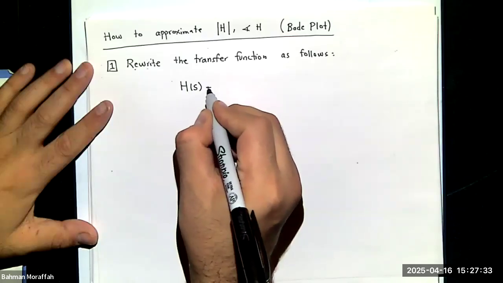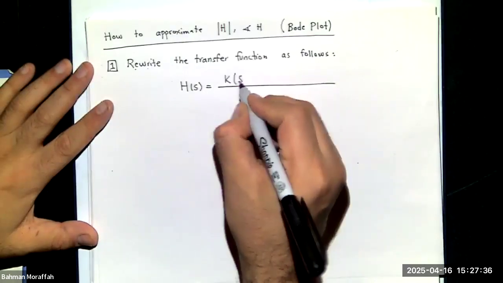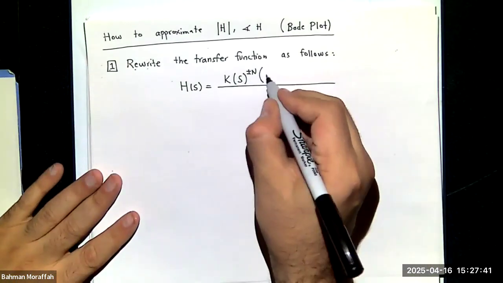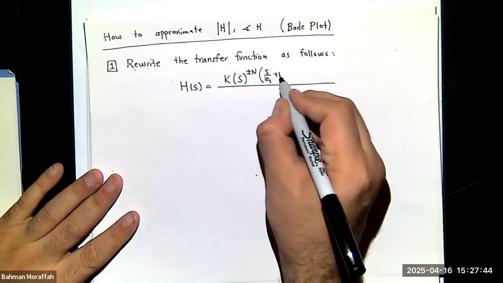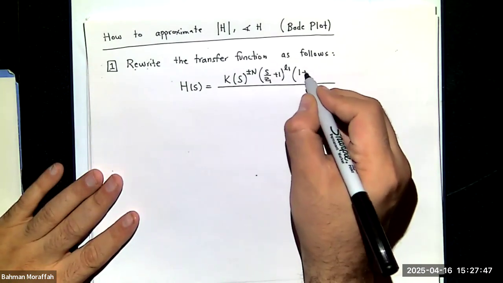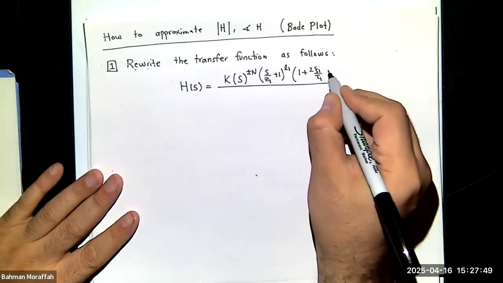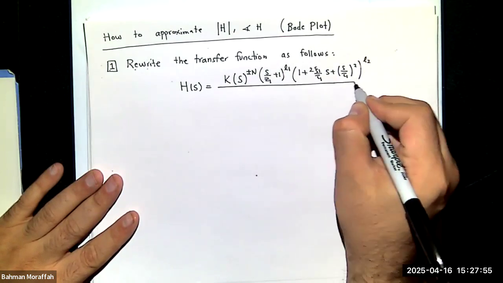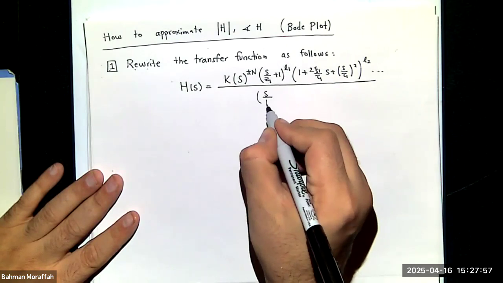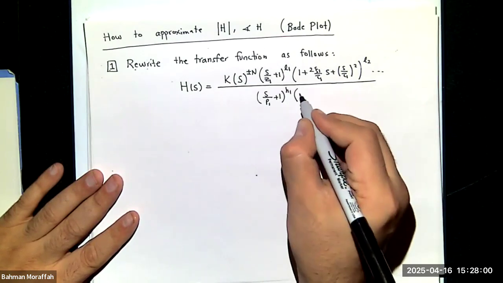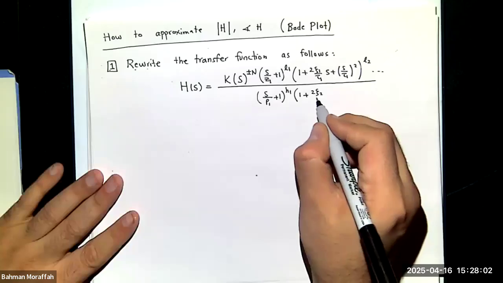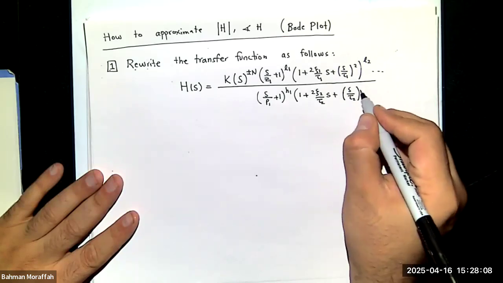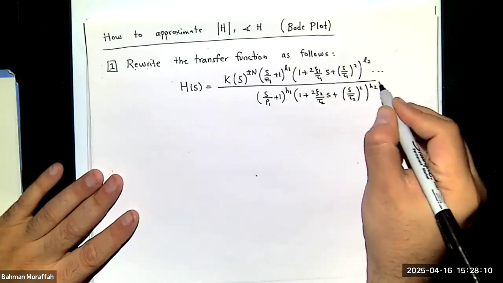Basically, H of s equals K s to the power of plus or minus n, times s over z1 plus 1 to the power of L1, times 1 plus 2 zeta 1 over tau 1 s plus s over tau 1 squared to the power of L2, divided by s over P1 plus 1 to the power of H1, times 1 plus 2 zeta 2 over tau 2 s plus s over tau 2 squared to the power of H2.